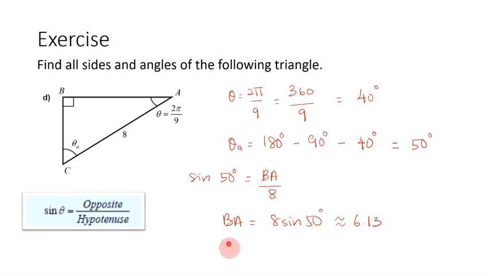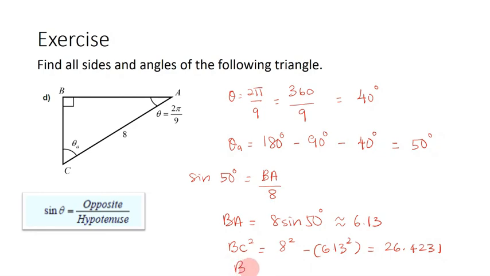Lastly, we want to find BC, the size of BC squared. So use the Pythagoras theorem. Substitute in the formula of the Pythagoras theorem. So we get 6.13 squared, we get 26.4231.